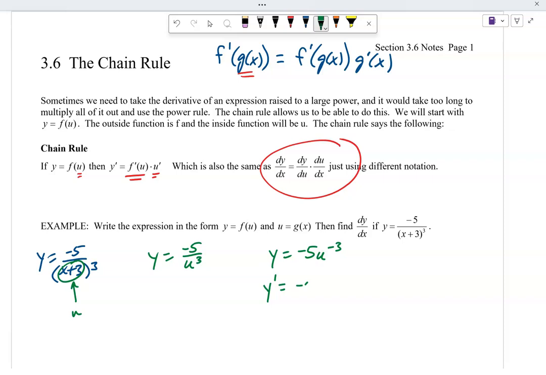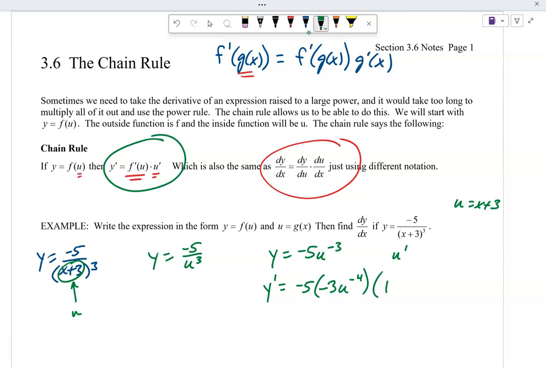So y prime would be the -5 stays there. Now I run the power rule, -3 u, and -3 minus 1 is -4. But I've got to remember to take u prime, right? It's f prime of u, u prime. So now I take the derivative of u. Well, what's u? U is x plus 3. What's its derivative?